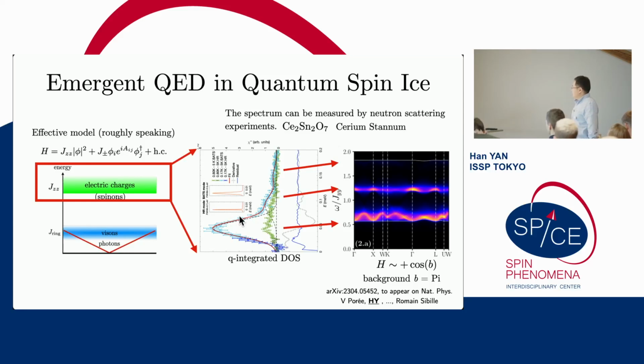In this case, we see three strong peaks in the dimension of energy or frequency, and this is consistent with the prediction of a pi flux quantum spin ice. Yeah? And of course, we also have some other evidence pointing to this material being in the pi flux quantum spin ice phase. So even for quantum spin ice, there are some candidate materials that may realize this very exotic phase.